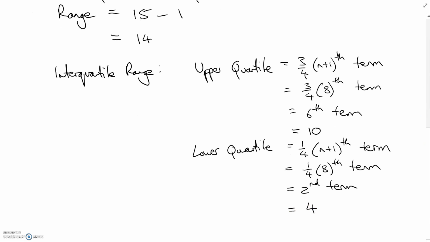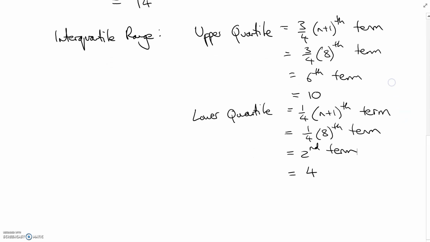Okay, notice this is the 6th term, this is the 2nd term. That is a number of terms, not the value 6 or the value 2. It's the 6th number in the list and the 2nd number in the list. And therefore my interquartile range, or IQR, is upper quartile minus lower quartile. So it's the 10 from the upper quartile minus the 4 that is the lower quartile, which gives us 6. So that's how we can calculate interquartile range.